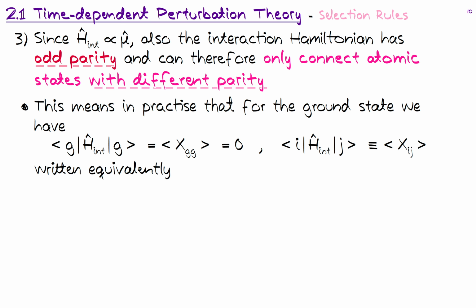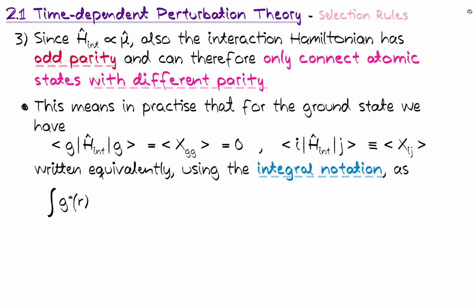This value can be written in a similar way using integral notation. The bracket notation corresponds to taking an integral in a specific basis, where we describe the state vector for the ground state in a basis for r, then calculate the interaction Hamiltonian overlap and multiply that with G star.